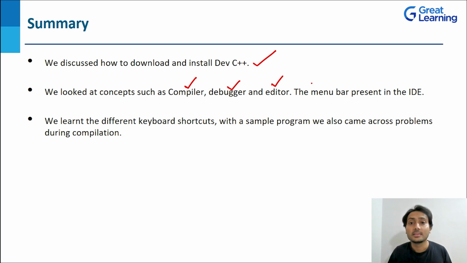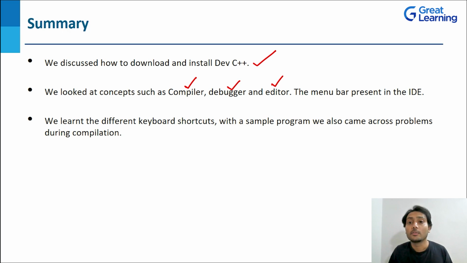The editor is where you type the program. The compiler is a translator which translates a program written in a high level language to machine level language, and the debugger tool will help you with the errors in your program, if any.